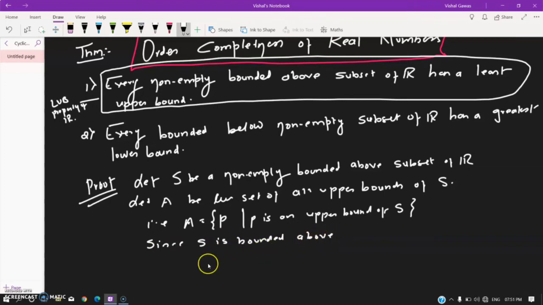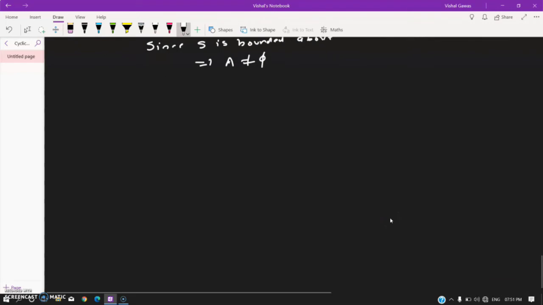This would imply that A is bounded below, because you can have a lower bound. Okay, right. So let's proceed.